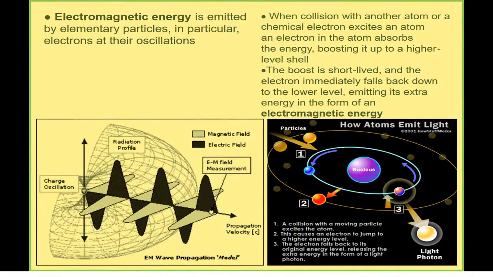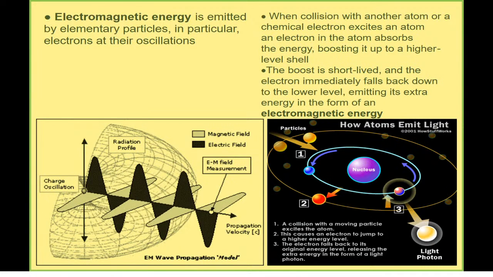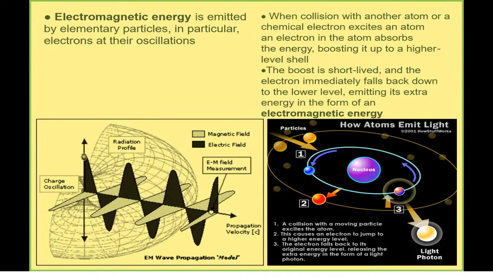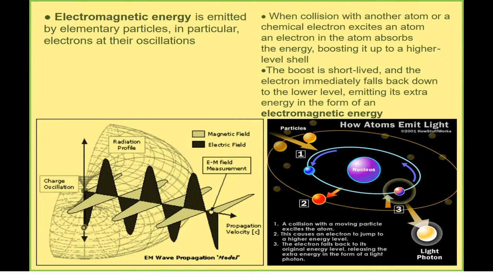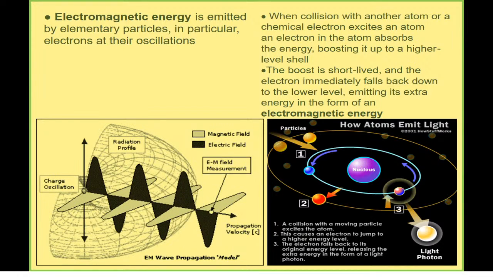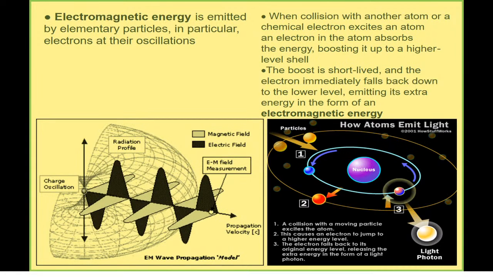And more detailed, let's get the review about optical radiation generation, production. Actually, it is particular range of electromagnetic waves. Electromagnetic waves are emitted by elementary particles, in particular electrons, at their oscillations.